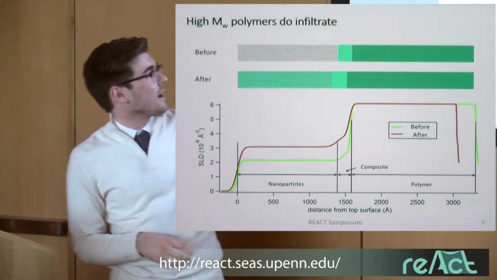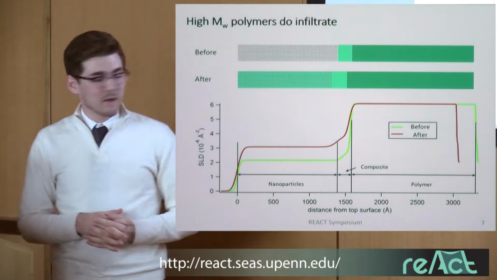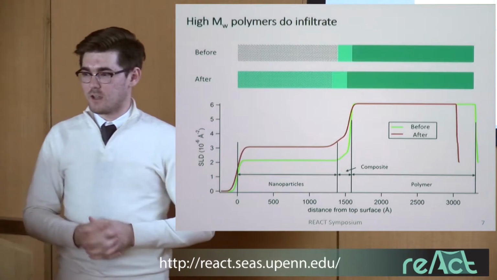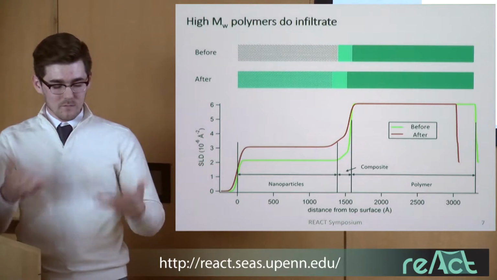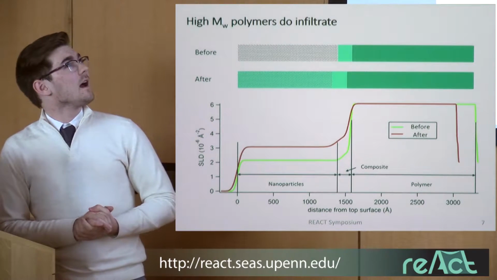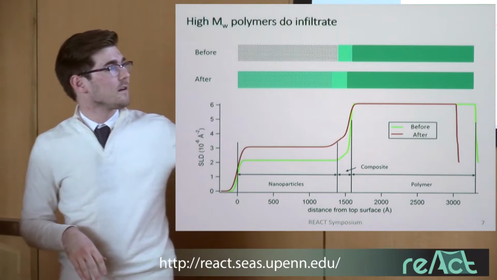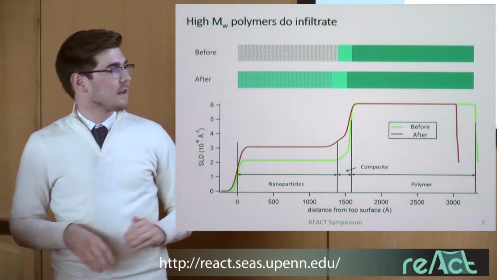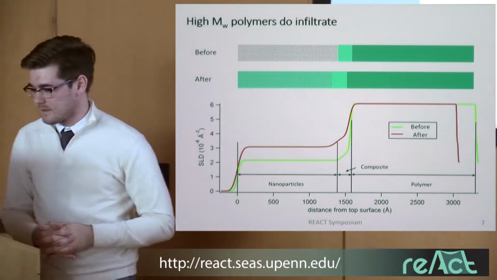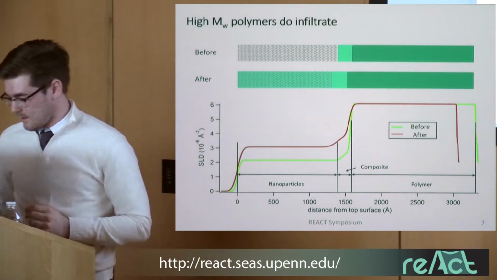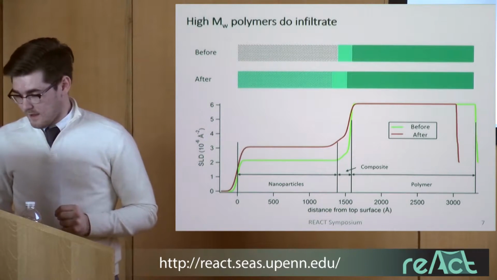On the y-axis we have what's called the scattering length density, and that's an important property because it gives information about the composition of the film. What we can see is that the SLD increases in the nanoparticle layer, and the thickness of the polymer layer decreases. This is important because it shows that there is indeed infiltration, and that we can observe it with the neutrons.